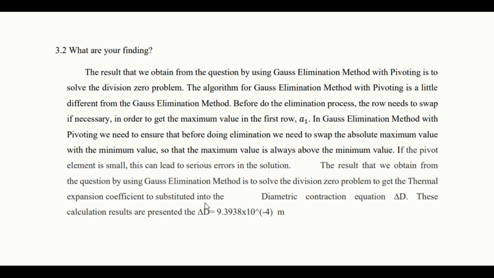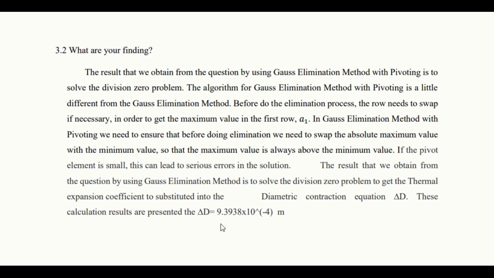The result that we obtain from the equation by using Gauss elimination method is to solve the division by zero problem to get the thermal expansion coefficient to substitute into the diametric contraction equation, delta D. This calculation result is presented.